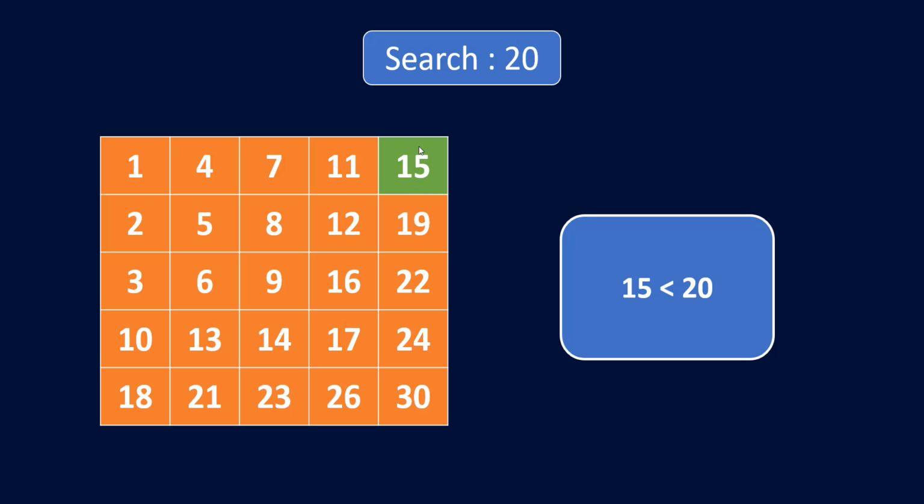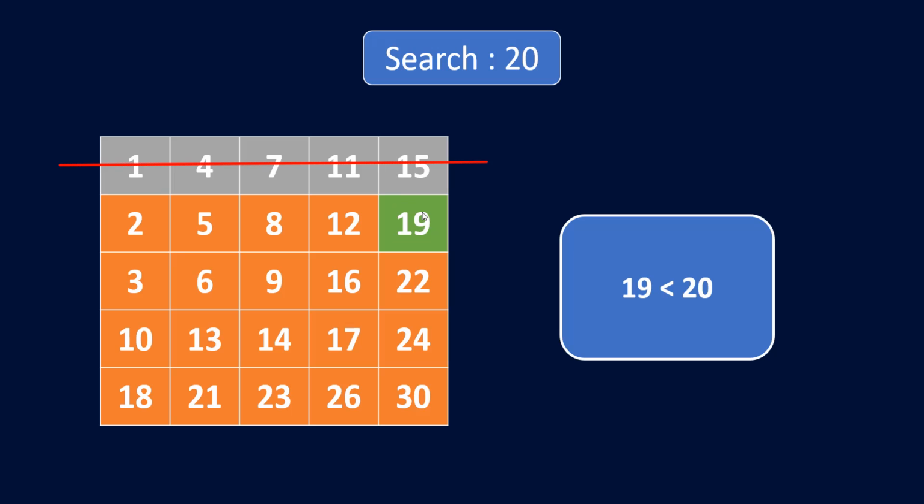Now since 15 is less than 20, we can say that this first row is not of use for us because it contains all the elements which are less than 15. So we can move one step ahead by moving down in the matrix and eliminating this first row.